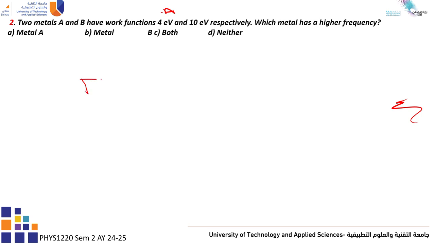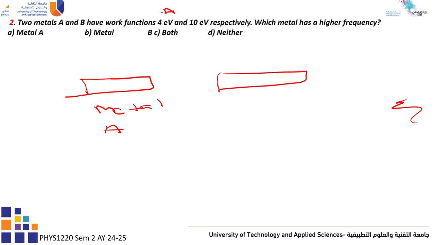For example, this is the metal A. This is a metal A, and this is the metal B. My drawing is not coming accurate. Okay, this is metal B.